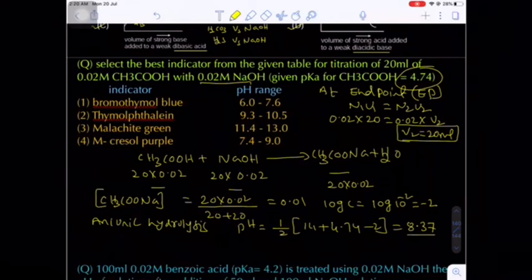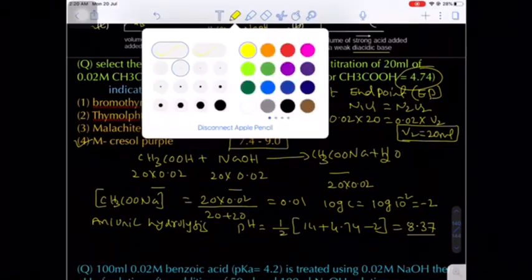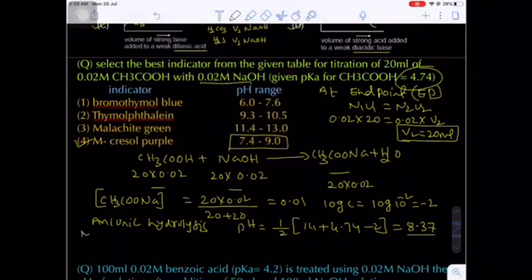Okay, this value will be 8.37. Now here, out of the 4 indicators, whose pH range will lie at 8.37? In which range will 8.37 be present? 8.37 will be present in option number 4, that is metacresol purple.